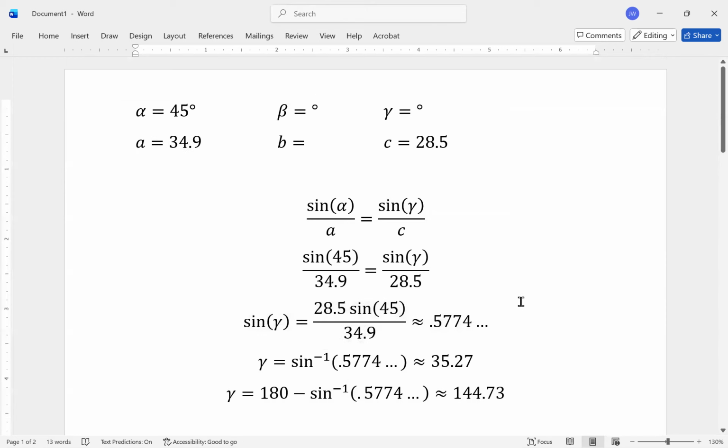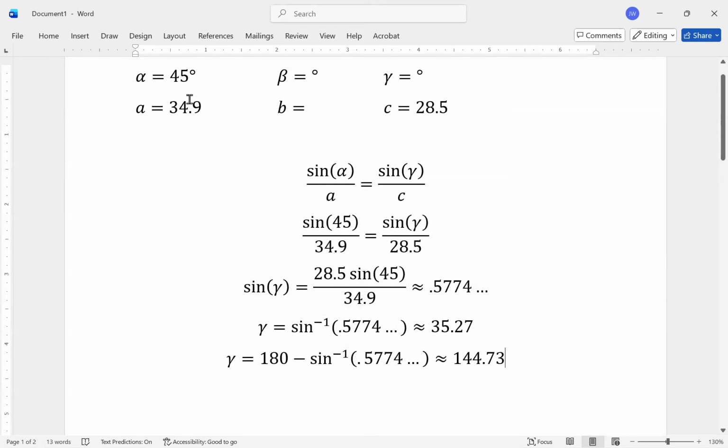But in this case, if alpha was 45 degrees and I went to try to find beta, we'd take 45 degrees plus beta plus 144.73 and set that equal to 180, if I use this second option. But 180 minus 45 minus 144.73 is a negative beta, in other words, negative 9.73.